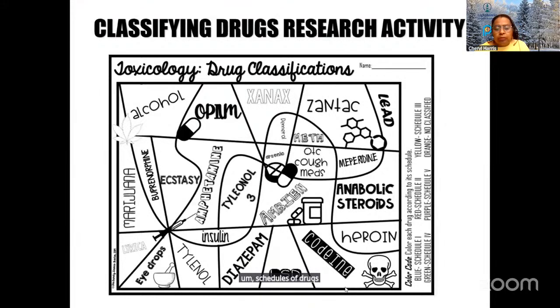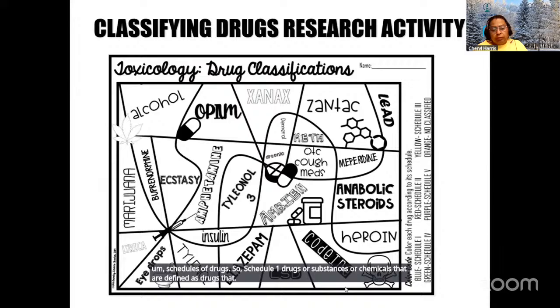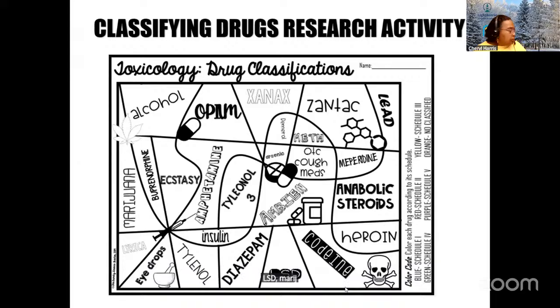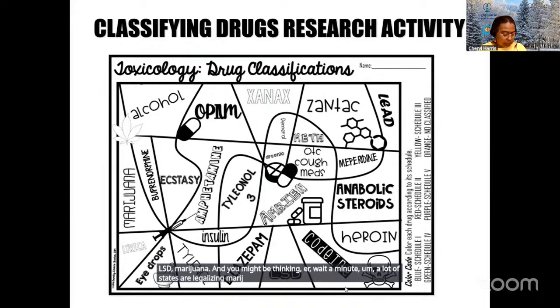So Schedule 1 drugs are substances or chemicals that are defined as drugs that have no currently accepted medical use and also a high potential for abuse. Some examples of Schedule 1 drugs would be heroin, LSD, marijuana, and you might be thinking, wait a minute, a lot of states are legalizing marijuana in the United States.